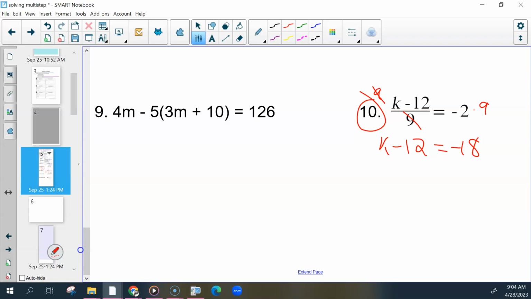Then we would do what? Add 12. To get what? This should be the answer.